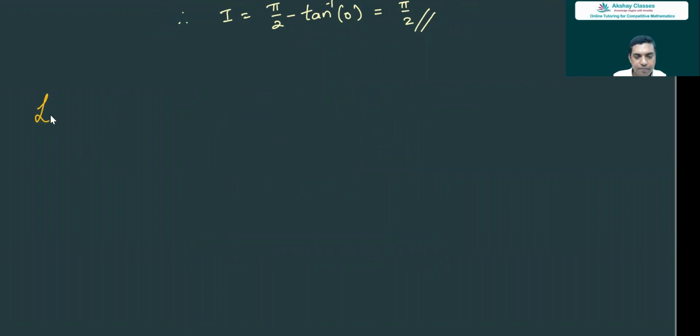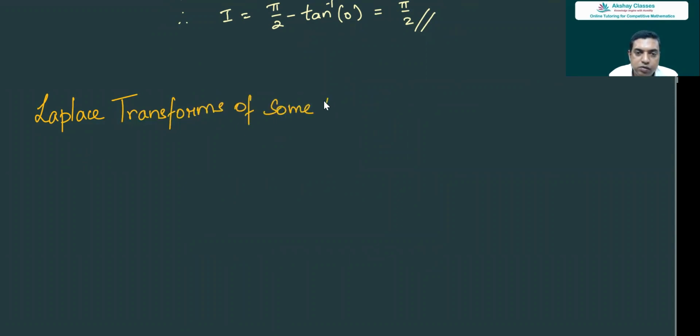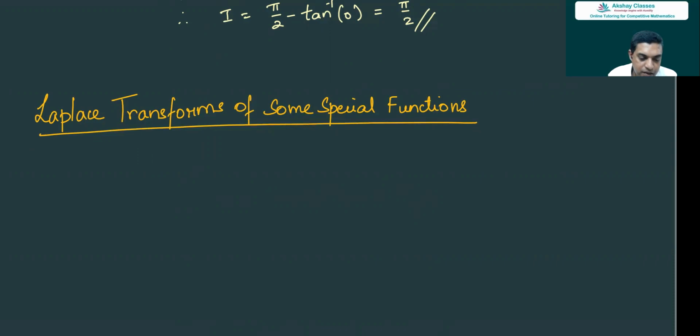Now we move further. We have Laplace transform of some special functions. So the first type of function is unit step function.